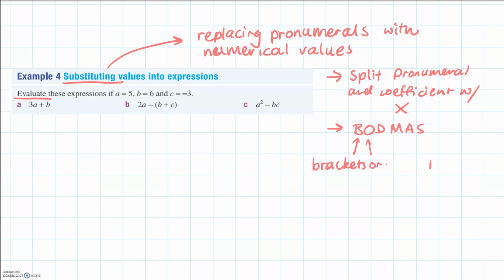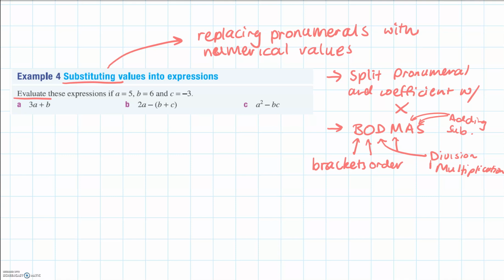Then you do your orders, so your powers, so if you see something squared, something cubed, and so on. Then you have the next two, and you do these ones at the same time, so this is division or multiplication. And the last two is your adding and subtracting. So you remember, you need to do it in this order.